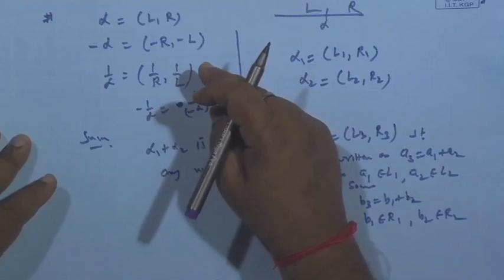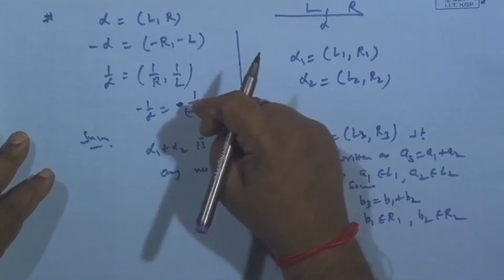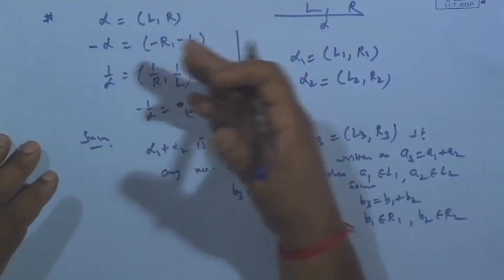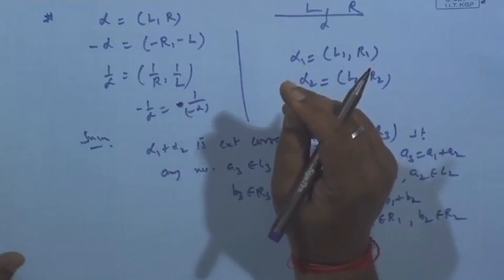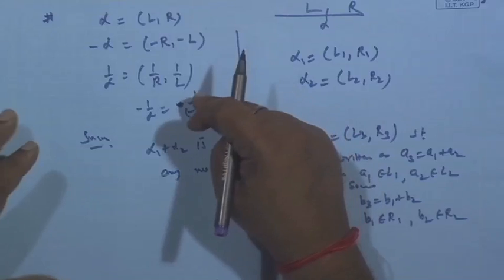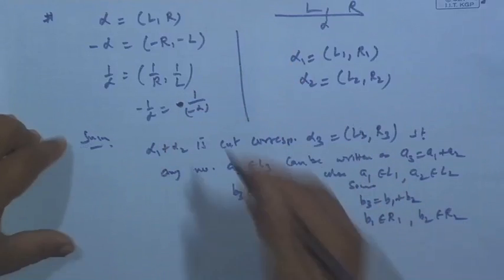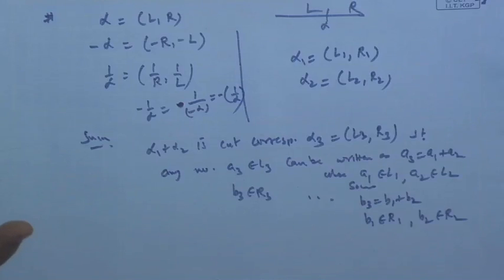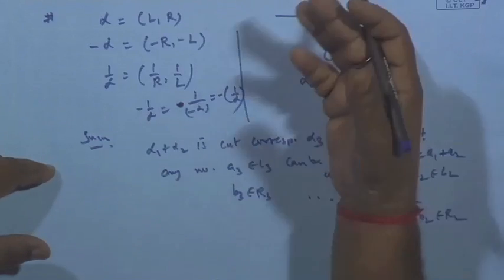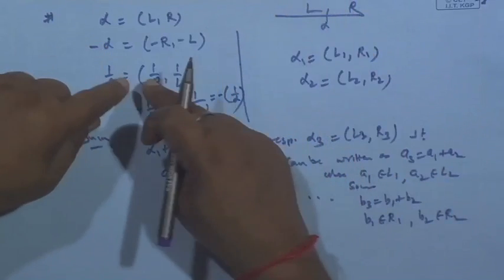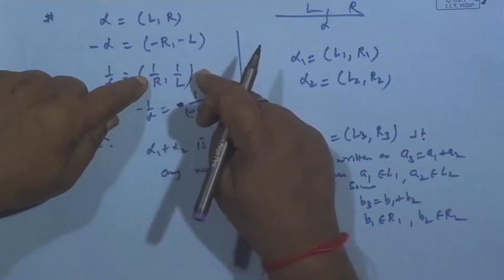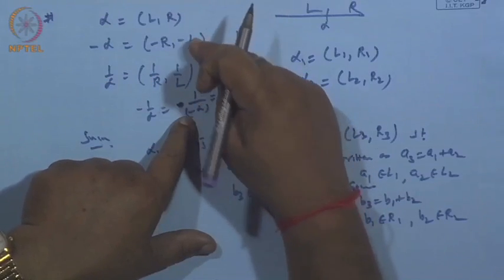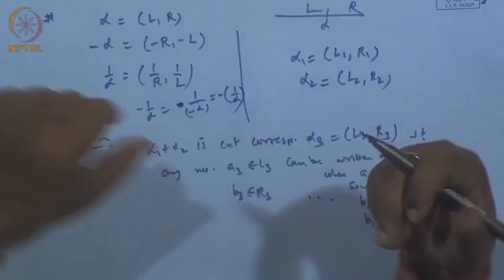When we reverse it, this will come here, means again it will come minus 1 by R, so it will reverse again the things. In fact, it is the same as minus 1 by alpha, is it not? Minus 1 by alpha and then reverse. 1 by alpha will be this, then minus 1 by R and 1 by R. Now if we take minus this, minus means reverse it, so minus 1 by R here, the same thing will come.